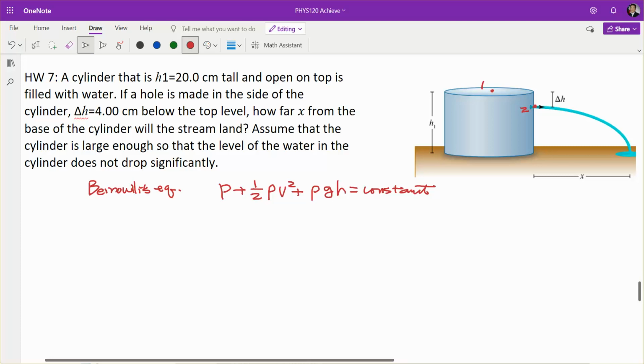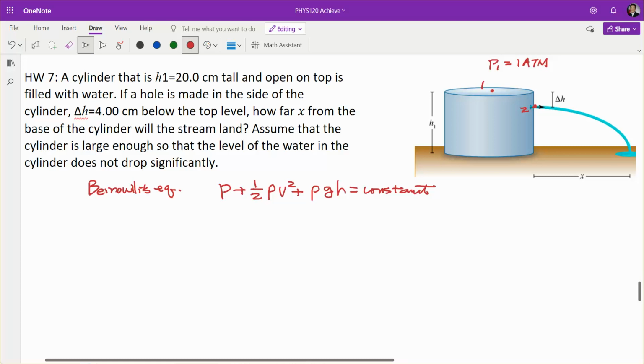So what is the pressure at the top? At the top, it's open to the atmosphere, so the pressure is equal to 1 atm. This is atmospheric pressure at the top. And what is the velocity? Well, the fluid at the top will flow, but the motion is going to be very small.